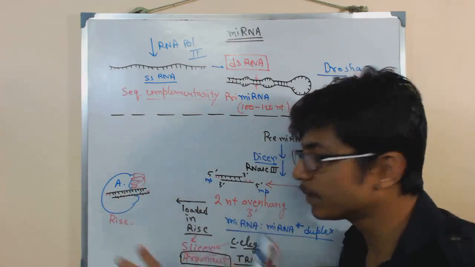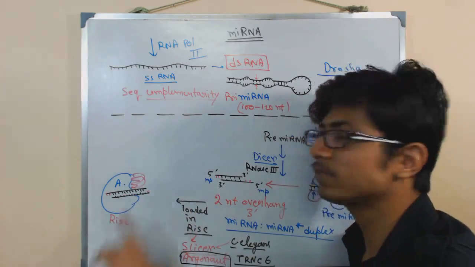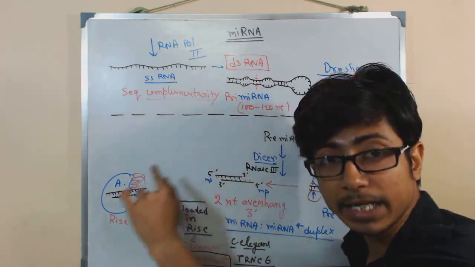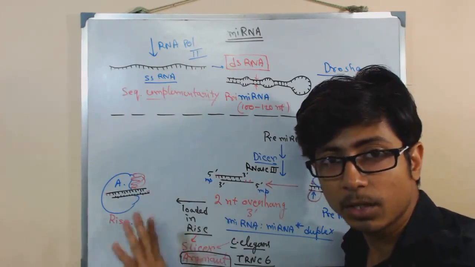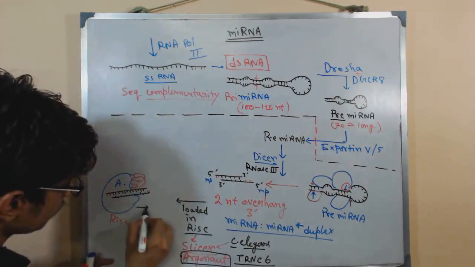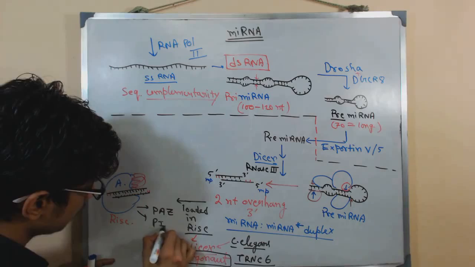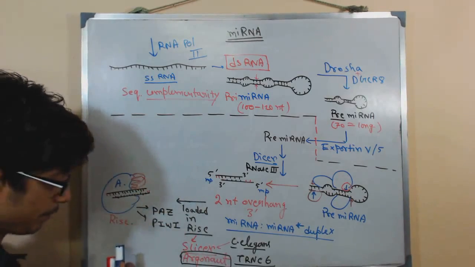For attachment with one particular RNA strand, they require the presence of the PAZ domain. And for the cleavage of the target mRNA, they require the RNase H activity, or PIWI domain. Okay, it's very clear. So it consists of two domains, PAZ and PIWI, and I've told the function of them.